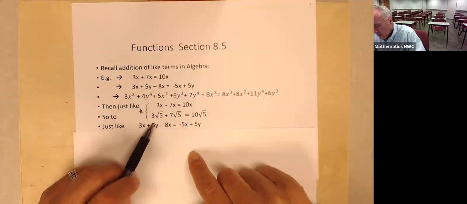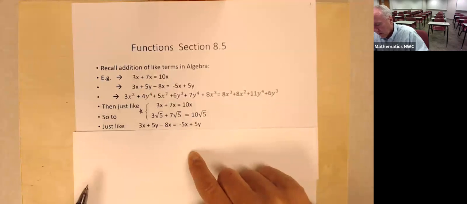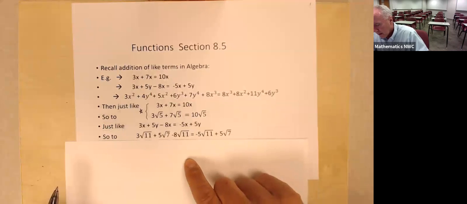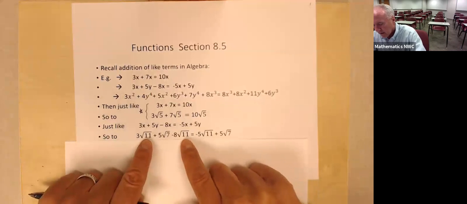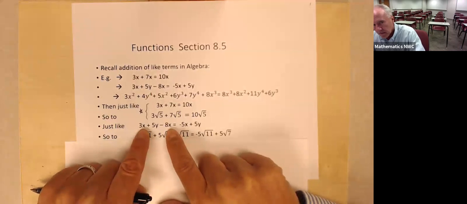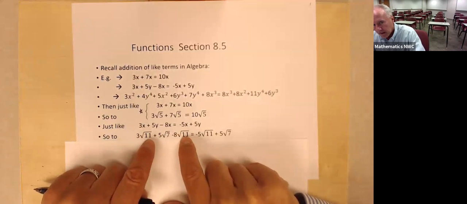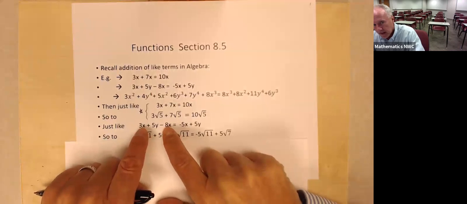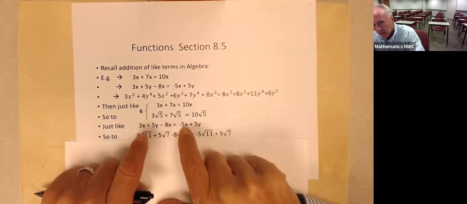Likewise, if I have one term that's not a like term, I've got to leave that one separate. For example, here notice I got two radical 11s. That's just like the two x's. They're radical 11s. So the two x's, I added the coefficients. 3 and negative 8 gives you a negative 5.